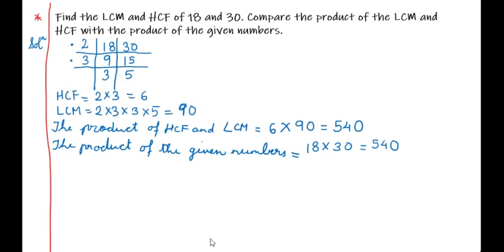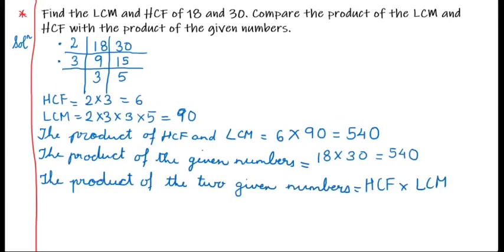So we can say that the product of the two given numbers, that means this 540, is equal to the product of HCF and LCM. Yes, so it is proved that the product of the given numbers is equal to the product of their HCF and LCM. So before the previous notes, write down these notes in neat handwriting in your CW.